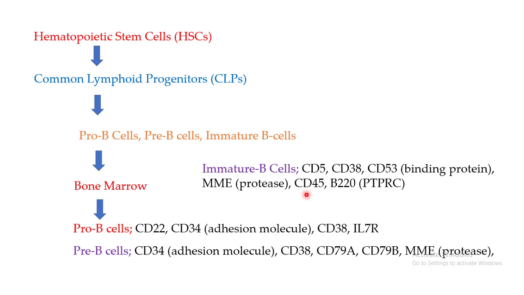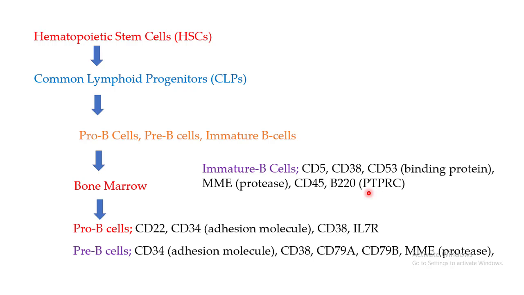They also have the CD45 and B220, and the combination of CD45 and B220 is known as the PTPRC. So CD45 plus B220 would be the PTPRC.